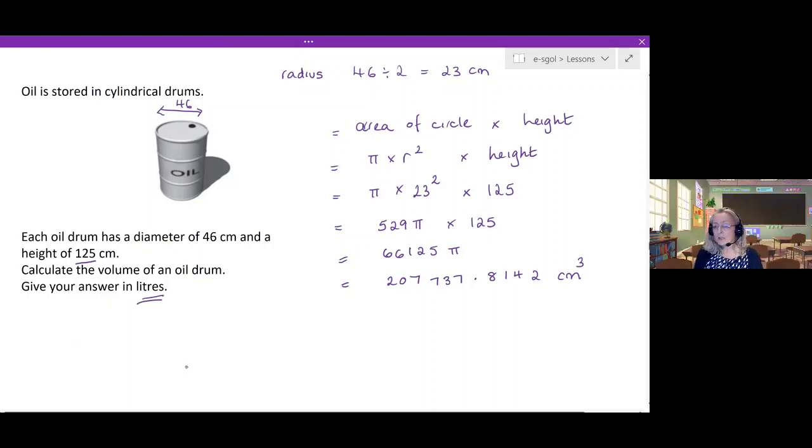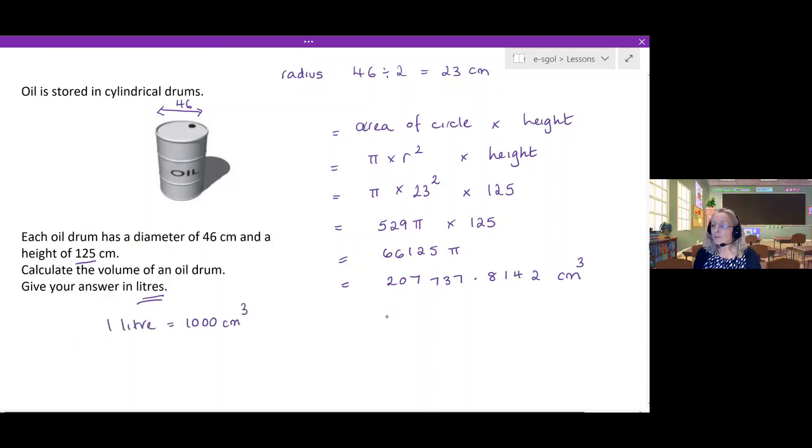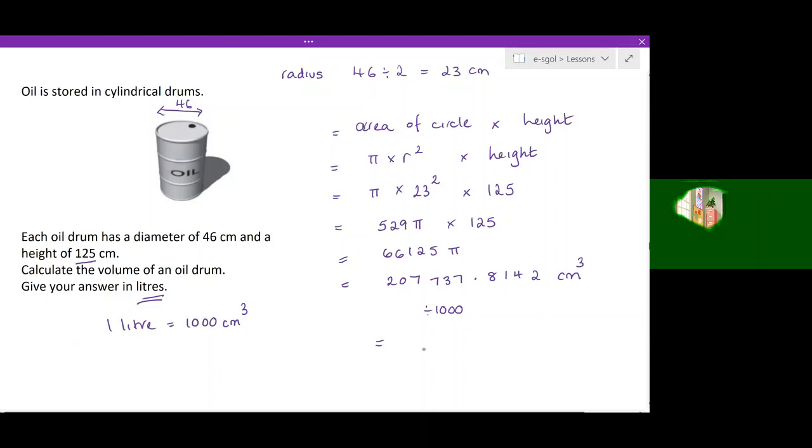But it wants the answer in litres and I've got it in centimetres cubed. So I need to now remember that 1 litre is equal to 1,000 centimetres cubed. So I have got to divide this by 1,000 in order to change it into litres. And when I divide that by 1,000, I am getting 207.7378142.